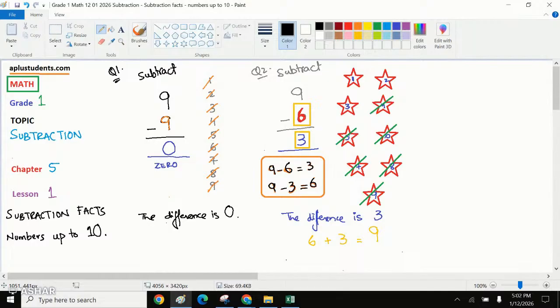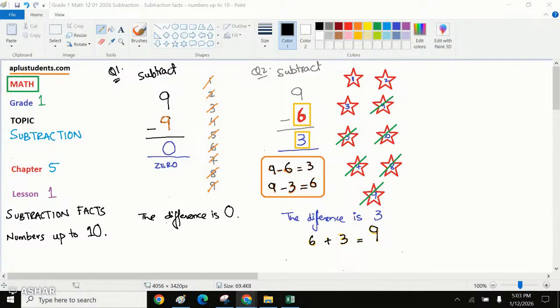So vice versa, if you subtract the difference you get, you get the same answer. As 9 minus 6 was 3, then 9 minus 3 would be 6. And we can also say that the sum of the two smaller numbers would always equal the total over here. Okay. So let's try another question.